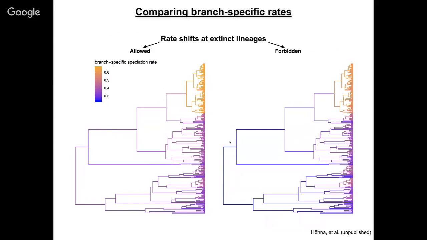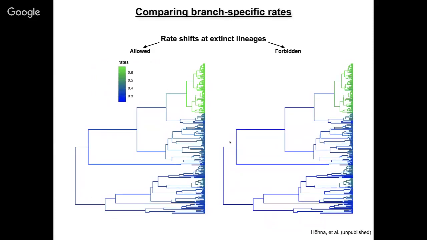So the data is, in some cases like these, overwhelming the information of these modeling assumptions, but you see that they're qualitatively slightly different. You get slight differences in these parameter estimates, and especially if you allow it, you get much clearer the difference between where the rate shift has happened.